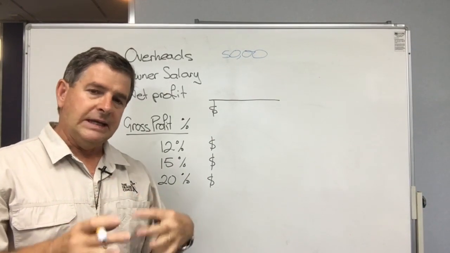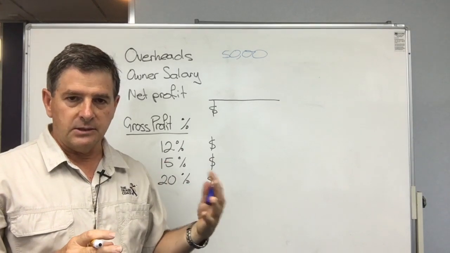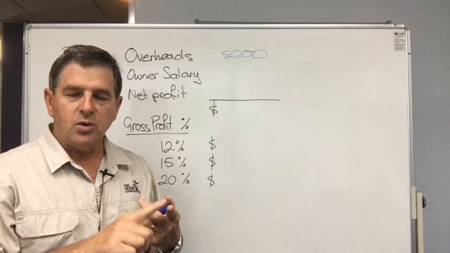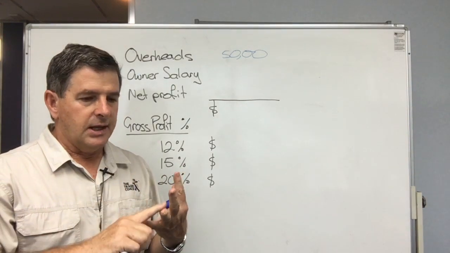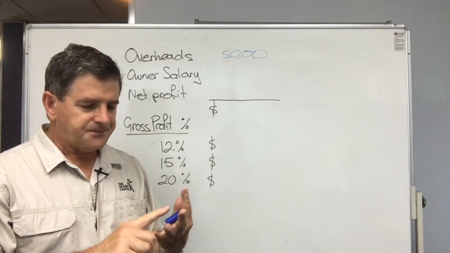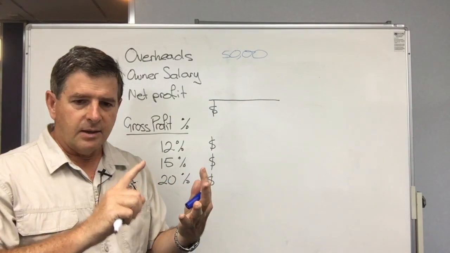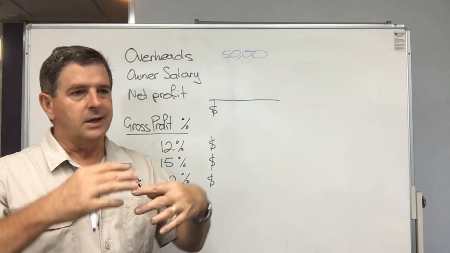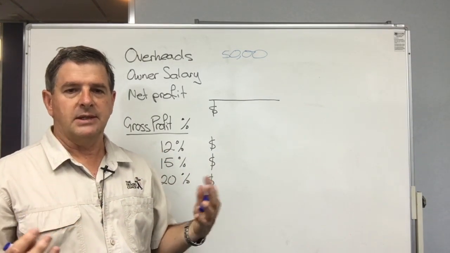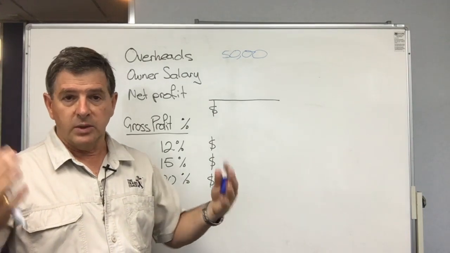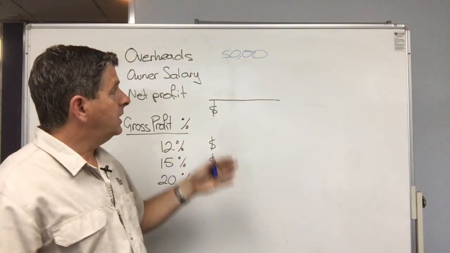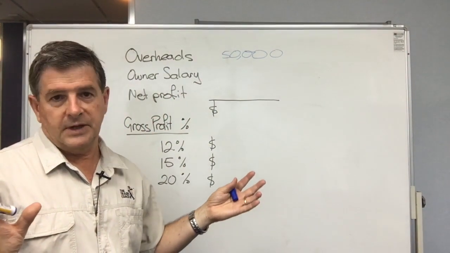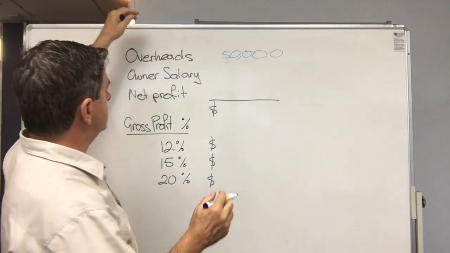Those are all the indirect costs in your business, the ones that don't get charged to a job: vehicle costs, insurances, phone costs, the cost to rent an office if you have one, administration costs, accounting fees, legal fees, all those things that basically are what it costs you to get out of bed in the morning without having to do any kind of work. So, missing a zero there. Our business, we're looking at $50,000 of overheads.